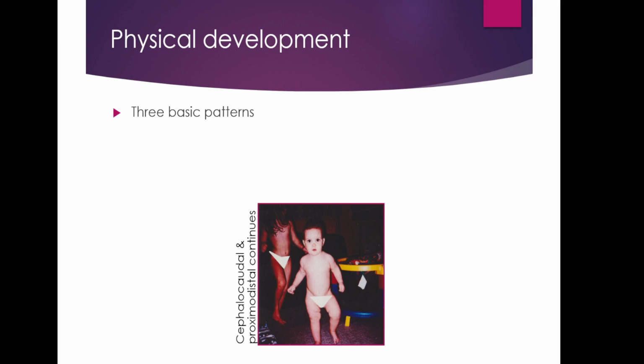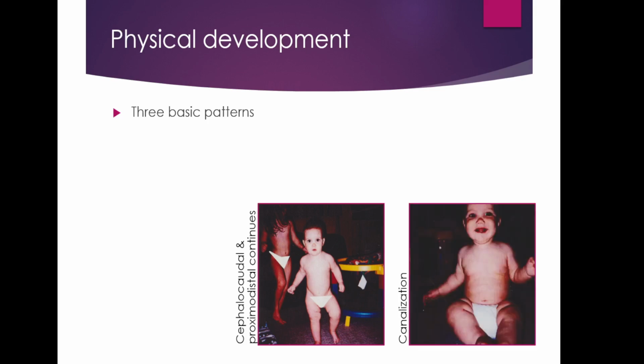Interestingly, even though our heads are much smaller by adulthood than an infant's, our head to body ratio is still much larger than other animals. We have very large heads relative to our bodies. So imagine that. That means that a toddler, an infant, has a really big head relative to other animals, like a giant head. Here's another picture of my son. This time he was actually wearing a diaper.